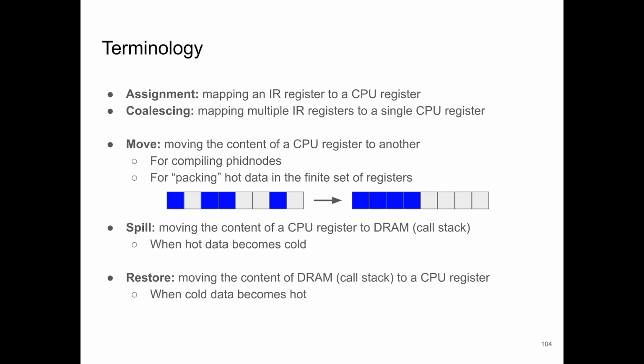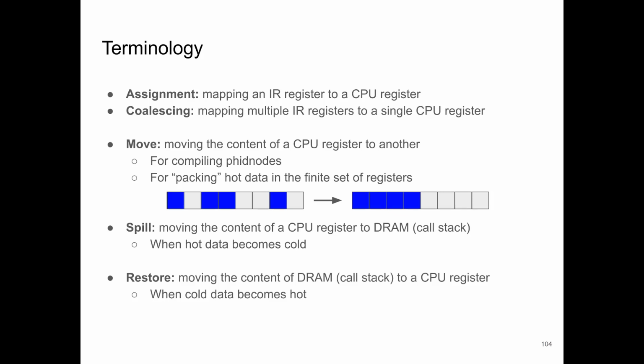So if two control flows join, then we need to somehow match the used registers in the incoming edges, the incoming blocks.